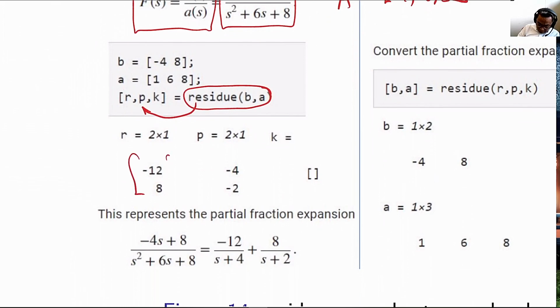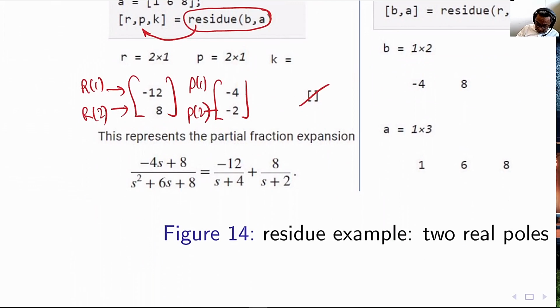The R is here. This is R1 again. This is R2. This is P1 and this is P2. And K is nothing again. And therefore the answer is R1 over S minus P1 plus R2 over S minus P2.